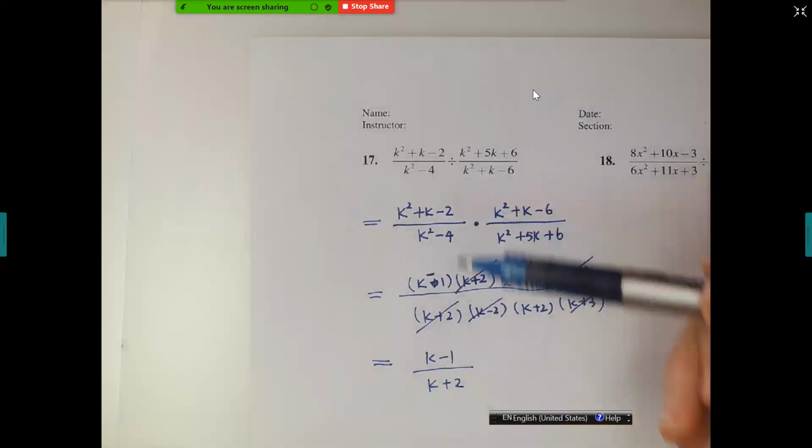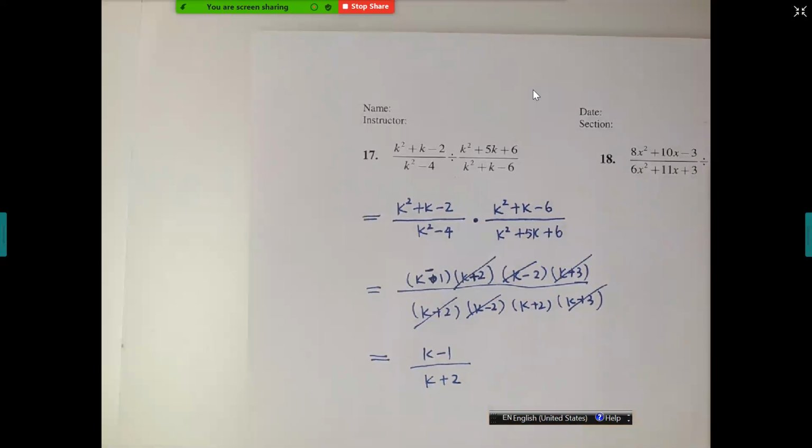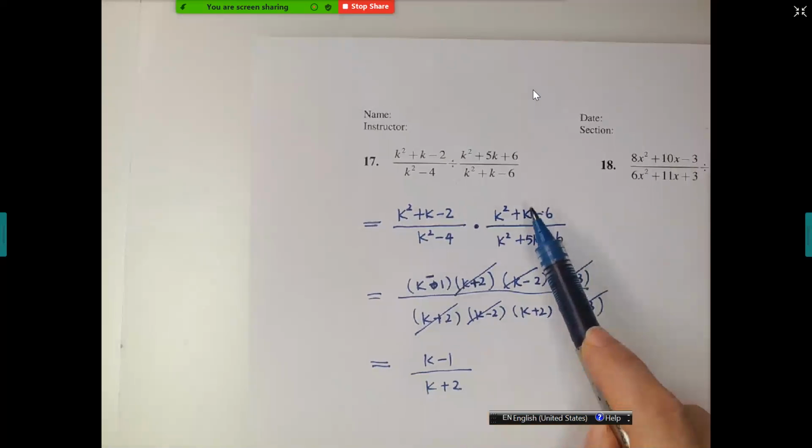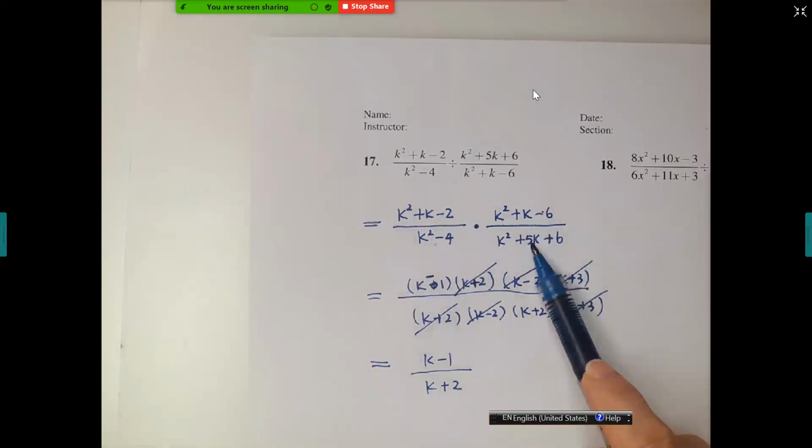This is a division problem here. So multiplication and division are very, very similar. There is just one more step in division. Flip the divisor over, turn the division into multiplication. And then multiply horizontally. Numerator times numerator, denominator times denominator.